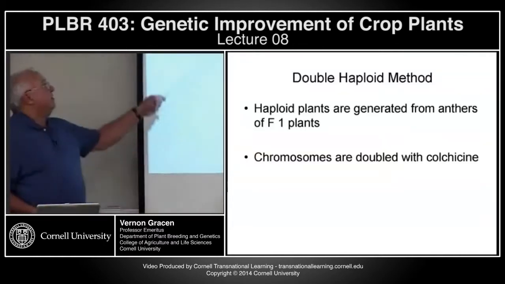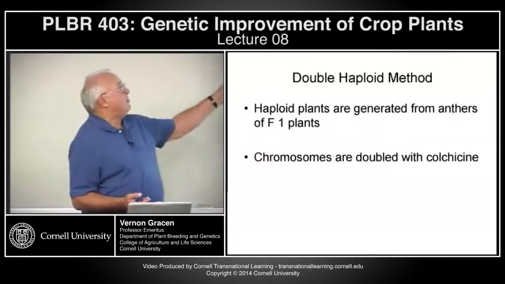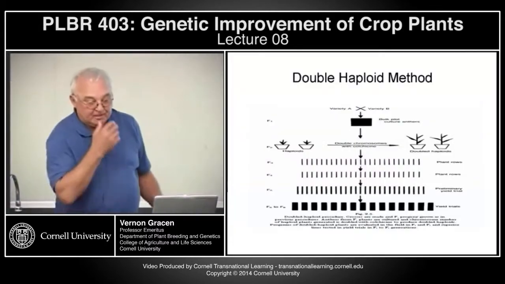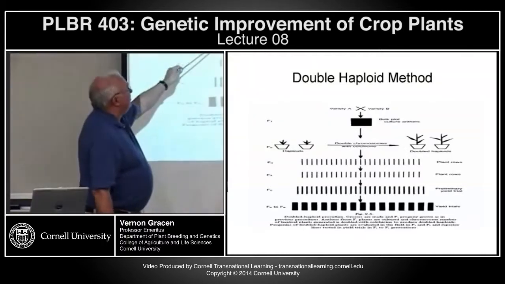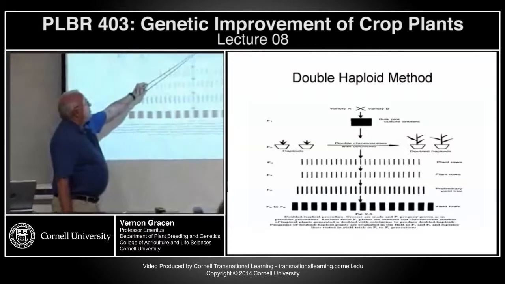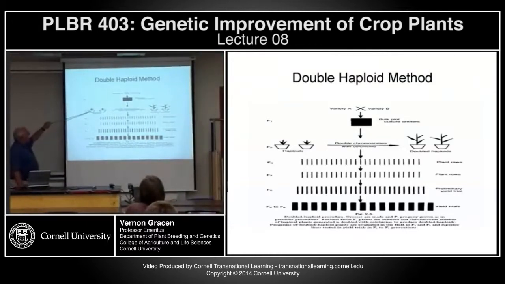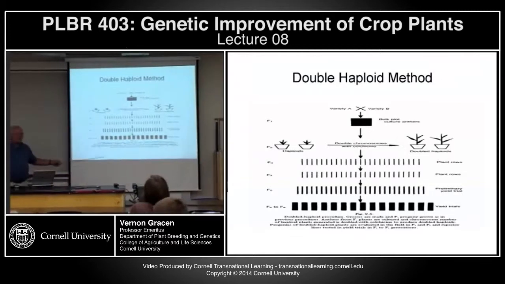You take plants generated from pollen of your F1 plants, and you double the chromosome number such that you cross variety A by B, you bulk plot the F1, you culture the anthers, you develop haploid plants out of those anthers, you double the chromosome number. Sometimes with colchicine, and in a lot of crops, they double spontaneously.